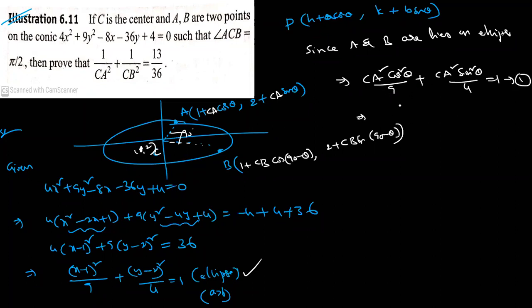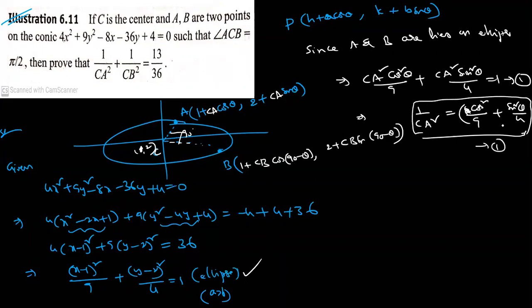So 1 by CA square is how much from this case? Anyone? 4 cos square theta, otherwise leave it: cos square theta by 9 plus sin square theta by 4. See carefully. This is the 1, not this one. And similarly, point B also lies on the given ellipse.